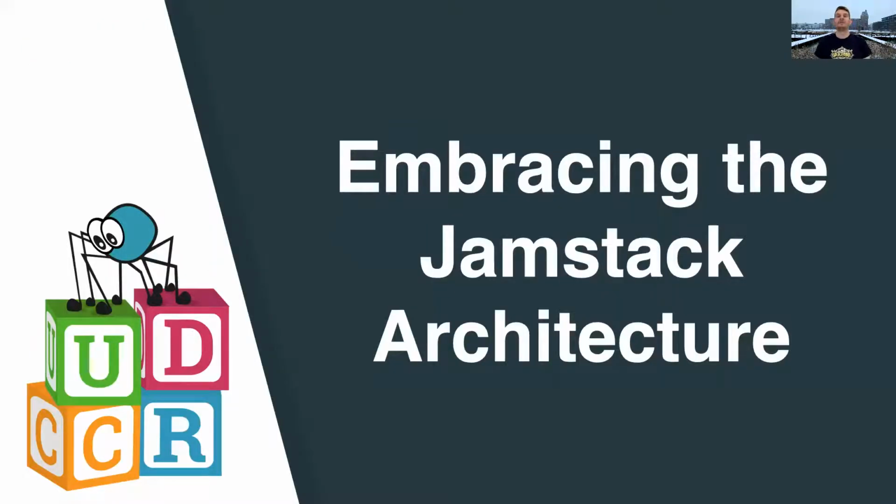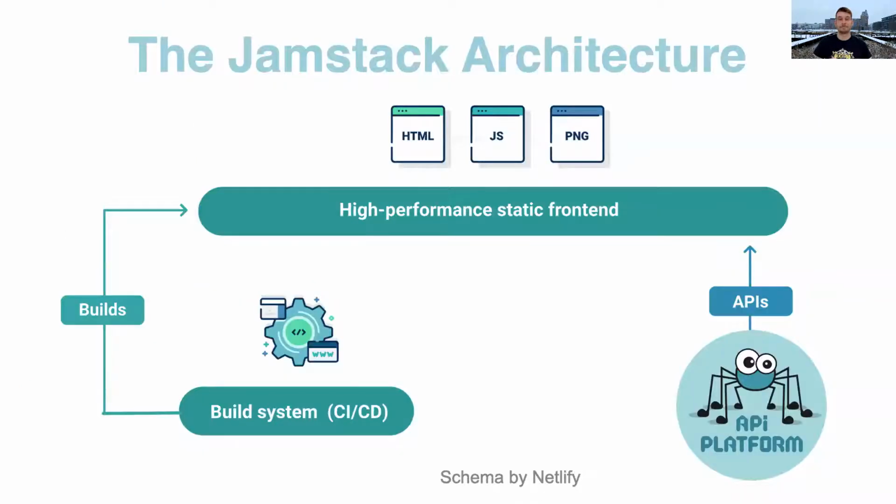One of the main new features, a broad architectural change actually in API Platform 2.6, is that now, by default, even if you can choose the architectural style that you want to follow, API Platform encourages to use the Jamstack architectural style. So basically, it means that you will have a front-end application that will be a static application.